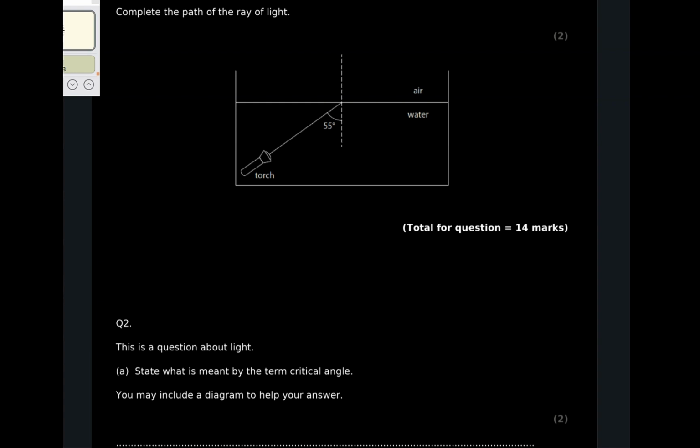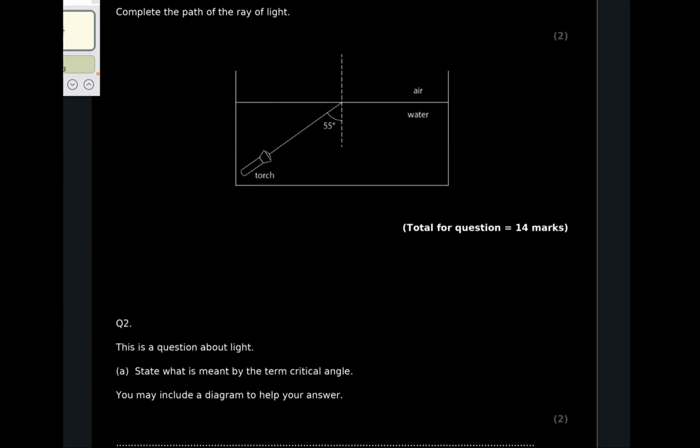So complete the path of the ray of light. In order to complete this, you need to have that knowledge that you have to compare. Most of the time this question is given when you have calculated the critical angle, or when the critical angle is given, and then you have this type of question below asking you to draw the path.